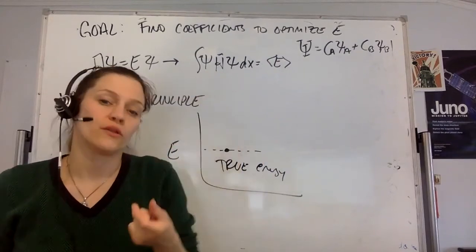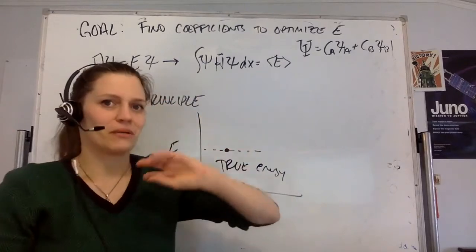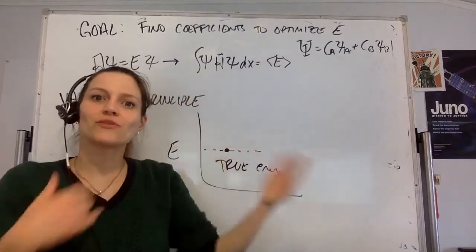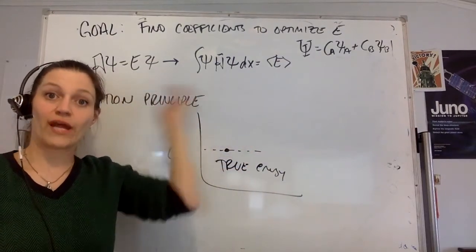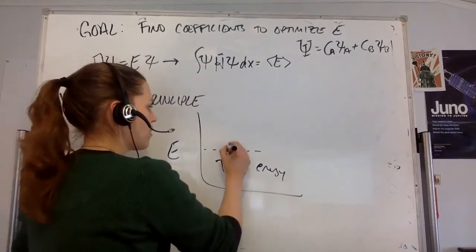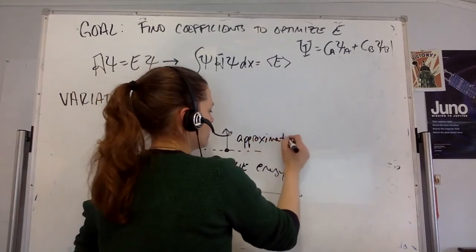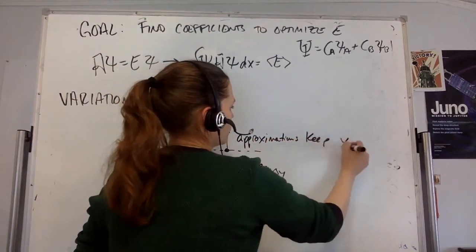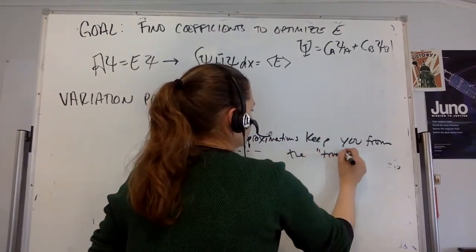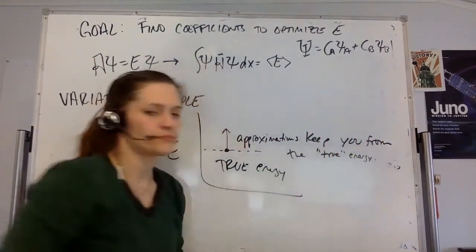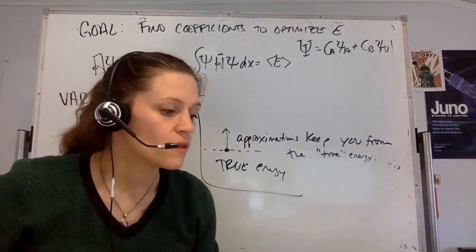Then there's a tweak you can make to that wave function. There's an orbital approximation, and another approximation. Each of those approximations adds up and moves you away from the true energy, and they will always move you this way. So the approximations keep you from the true energy.